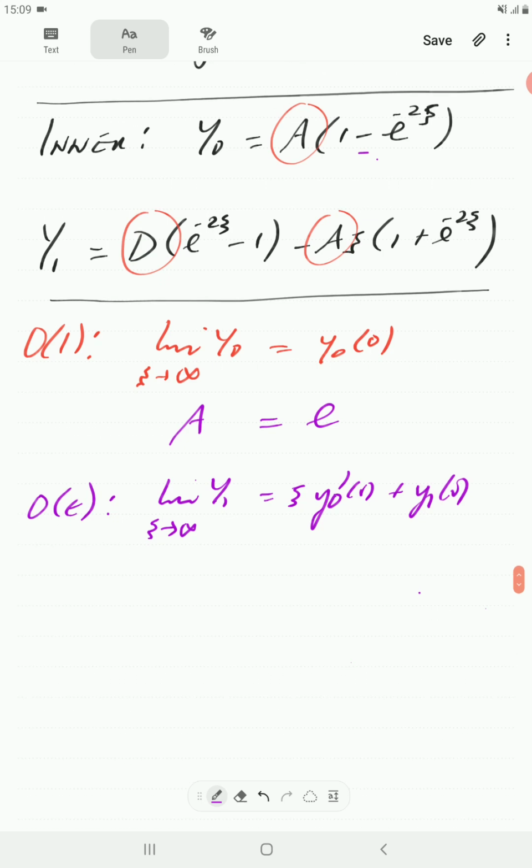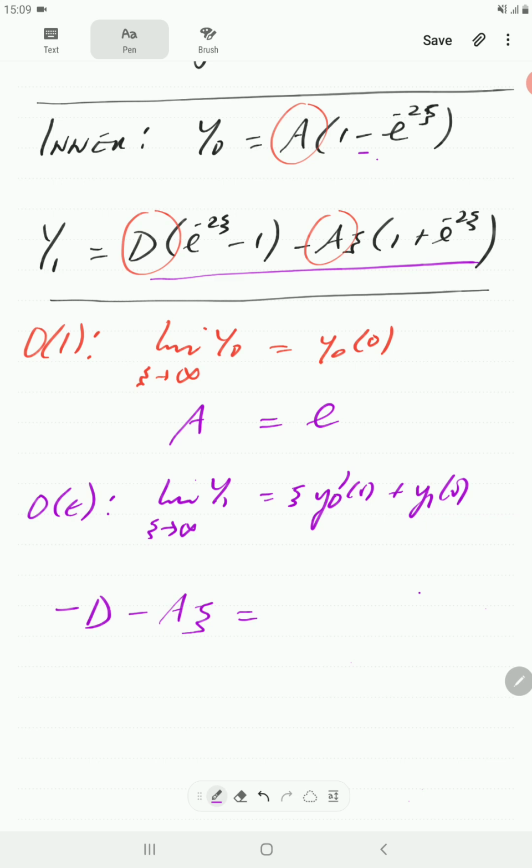Now, this thing as xi goes to infinity is going to be negative d from the first term minus a xi from the second term. Okay, so that's on the left hand side.